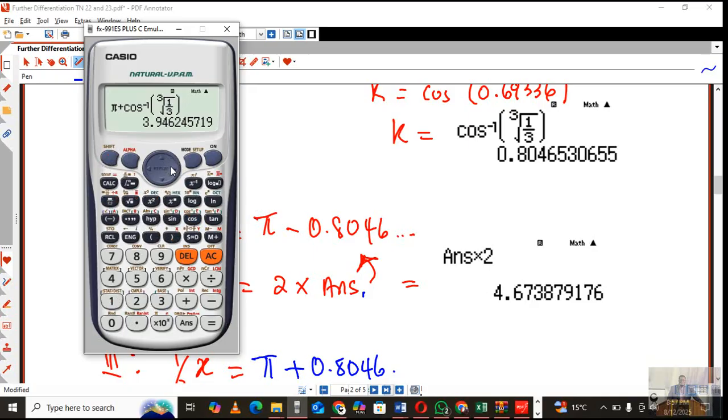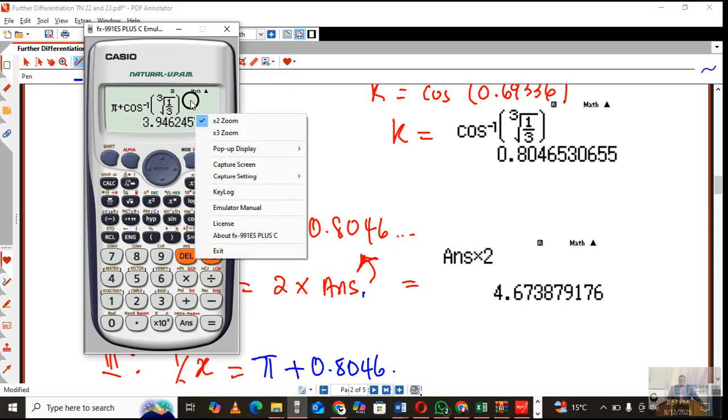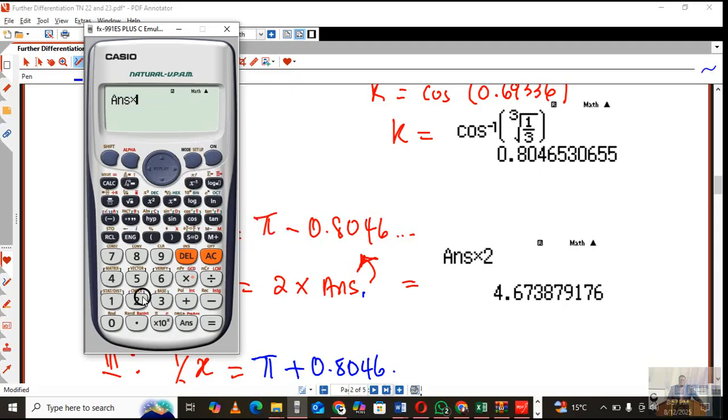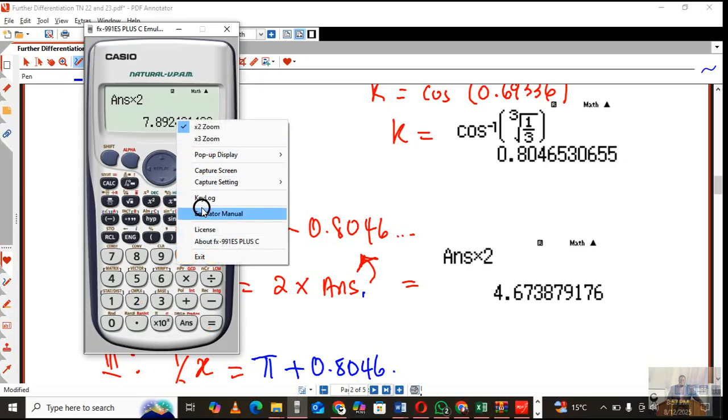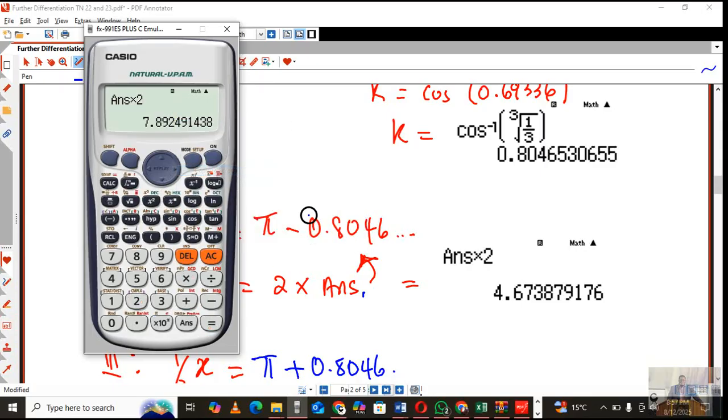So that gives me 3.94 something something. And then I multiply this answer by 2. And I get the big value over here.